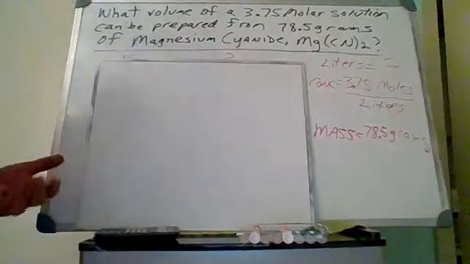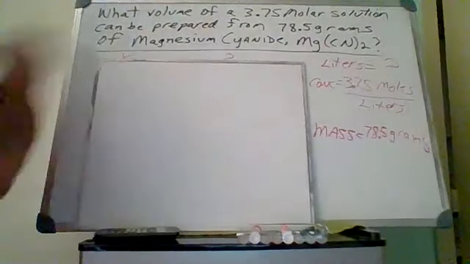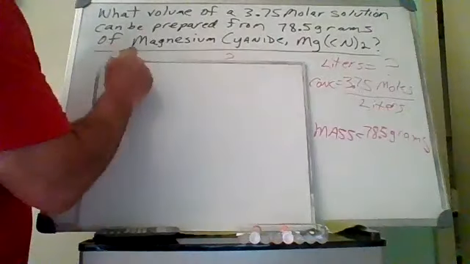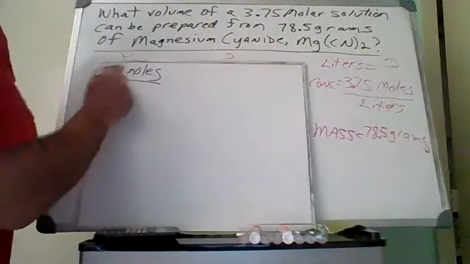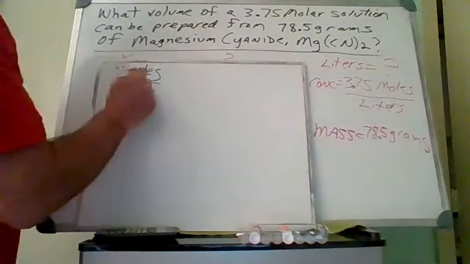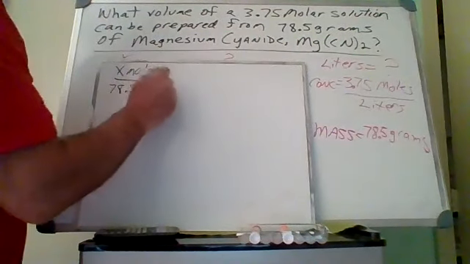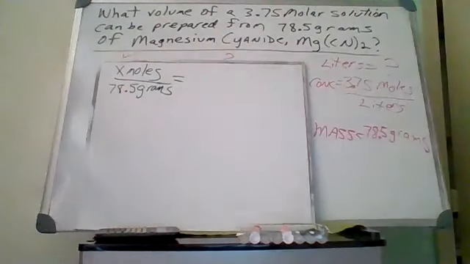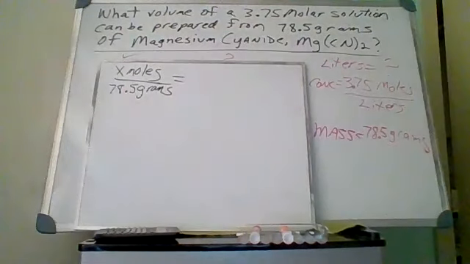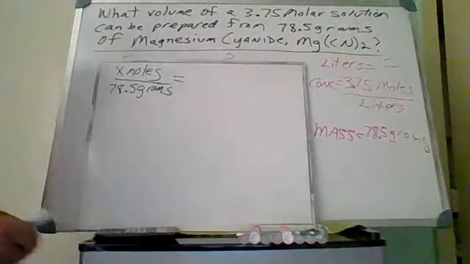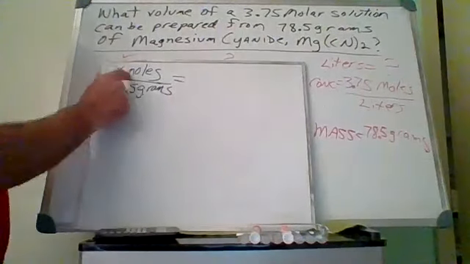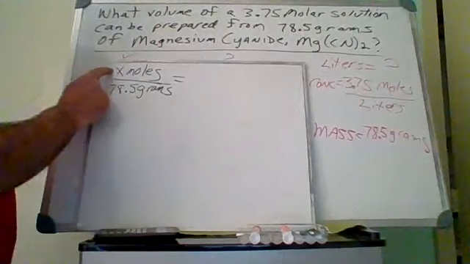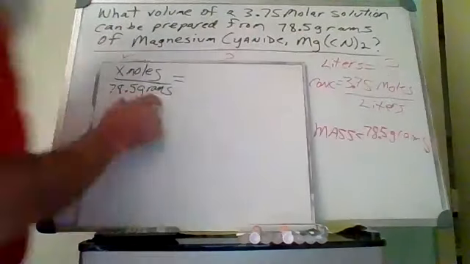That's my X moles. X moles are equal to 78.5 grams. So there is my left side of my mole concept problem. Whoever that was that said they don't understand mole concept, pay attention right here. Here it is. I want to find moles. How many moles are equal to this many grams?